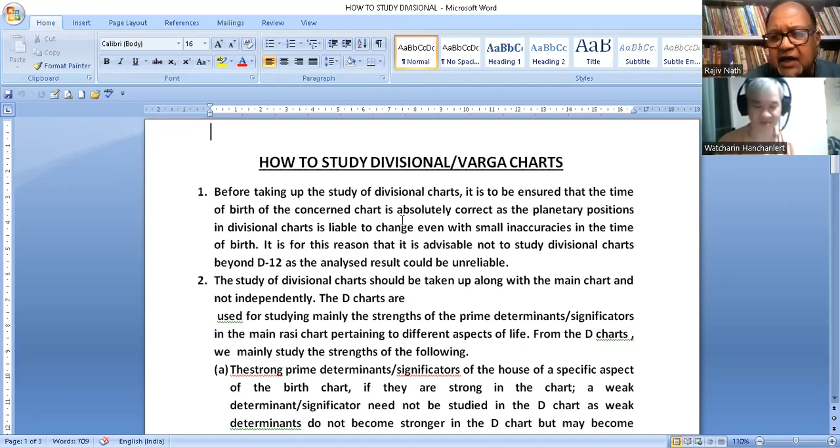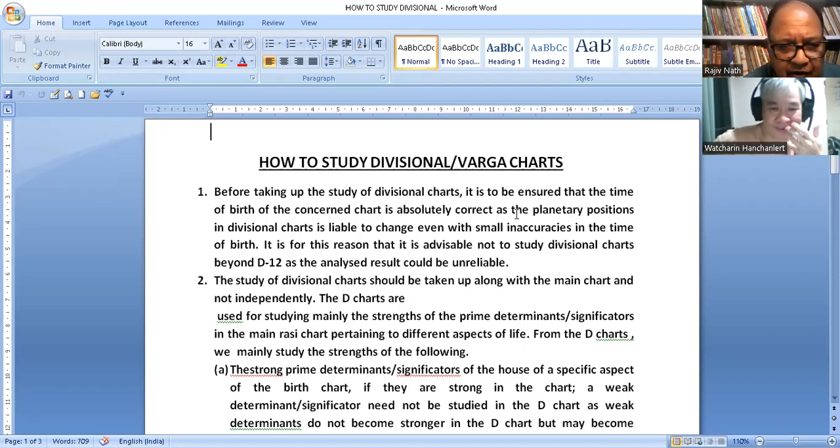When we are studying divisional charts, we are presuming that the time of birth taken for constructing the main chart is absolutely spot on. So before taking up the study of the divisional charts, it is to be ensured that the time of birth of the concerned chart is absolutely correct.